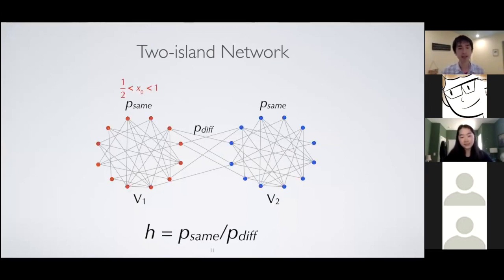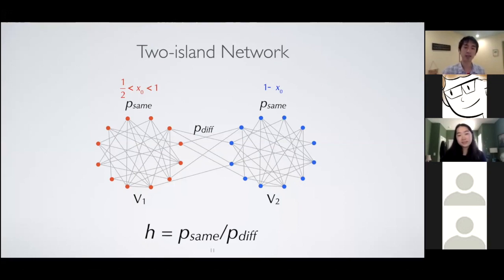So this is what's called a 2-island network. It's a way of modeling homophily, which is to say that you have 2 groups of people, and you can think of, let's say they're liberal and conservative, right? So liberal leaning, conservative leaning, and in a homophilous network, people who are more conservative leaning have more ties to other people who are conservative leaning. People who are liberal leaning have more ties to people who are liberal leaning.